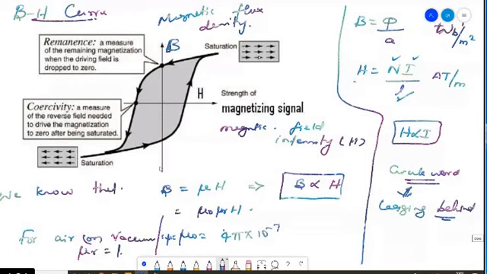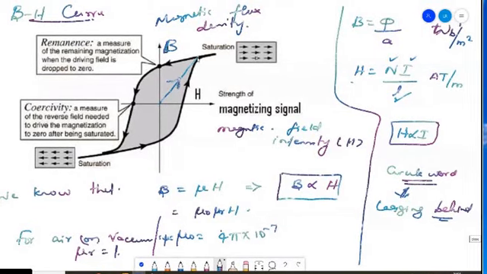Initially, let's say you are increasing the value of I. H will increase accordingly, and initially the graph goes in this direction. This is where it actually starts. Everything is okay until this point.